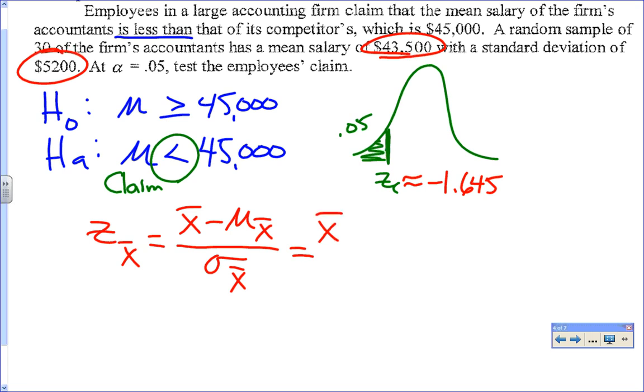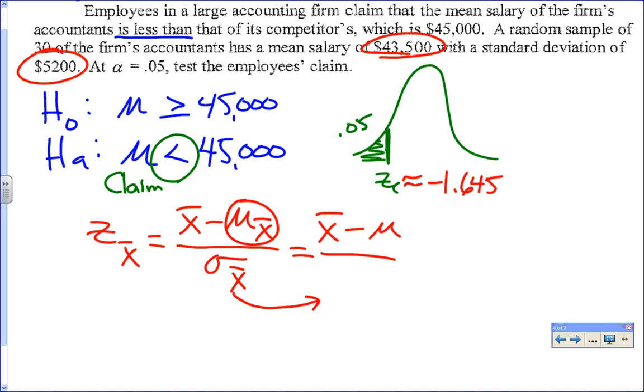And where does this one come from, really? If the sample's big enough, you just take that other mean you're looking at, right? For us, it's 45,000 in this problem. So we can just say minus mu, or however you want to write that. But how do we get this? Does anybody remember that little part? The standard deviation for a sample mean.